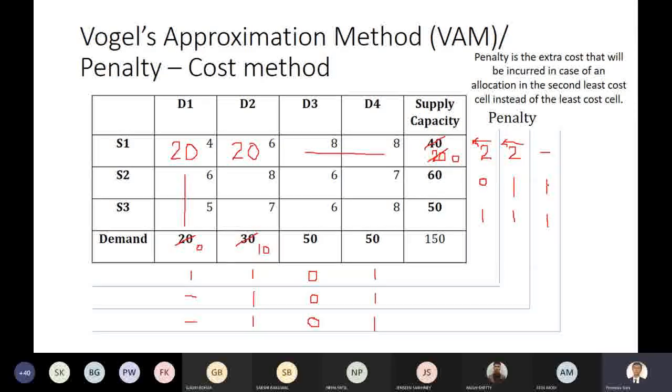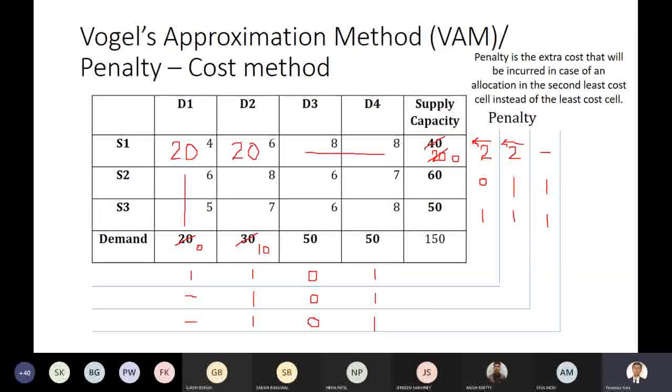So now how are we going to decide which one to choose? The one which has the least cost cell. If I go from here, the least cost cell would be 7. If I go using this column D4, the least cost cell is 7. But if I go from this row, the least cost cell is 6, and if I go from this row, the least cost cell is 6. So it's better to use either of the two.